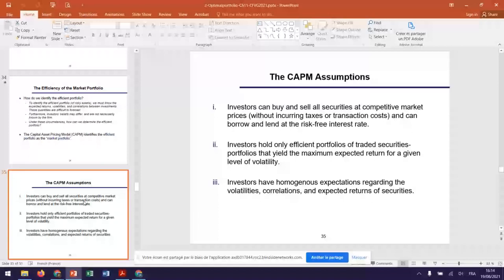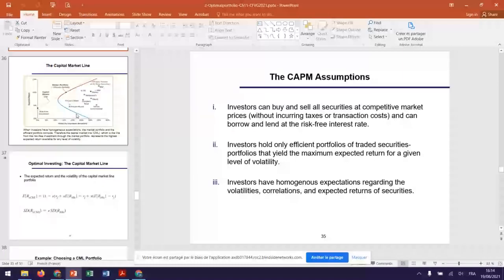That is a major assumption to make sure that mathematically you can solve it. Investors hold only efficient portfolios of traded securities, portfolios that yield the maximum expected return for a given level of volatility. Investors also have homogeneous expectations regarding volatility, correlation, and expected return of securities.